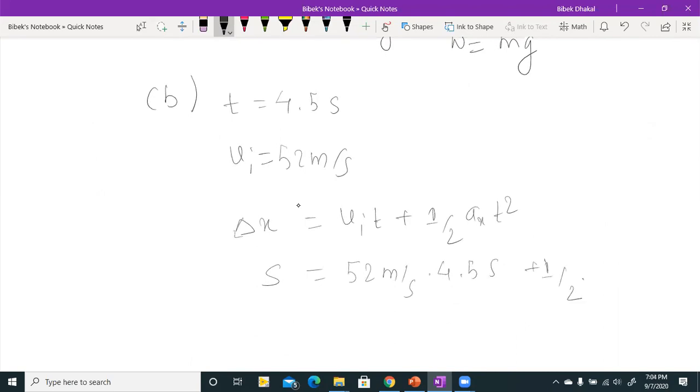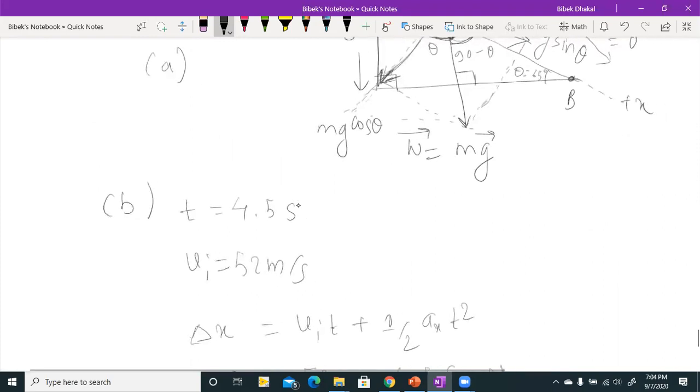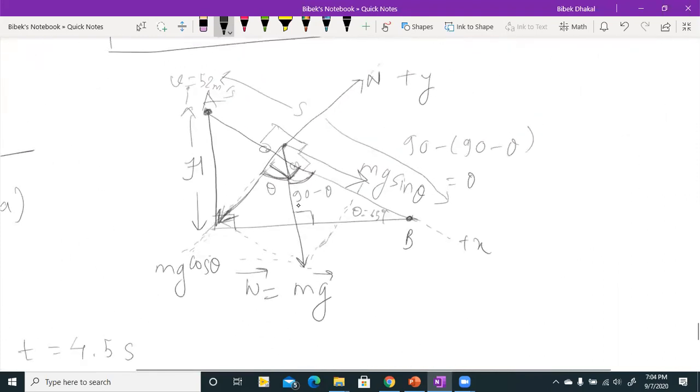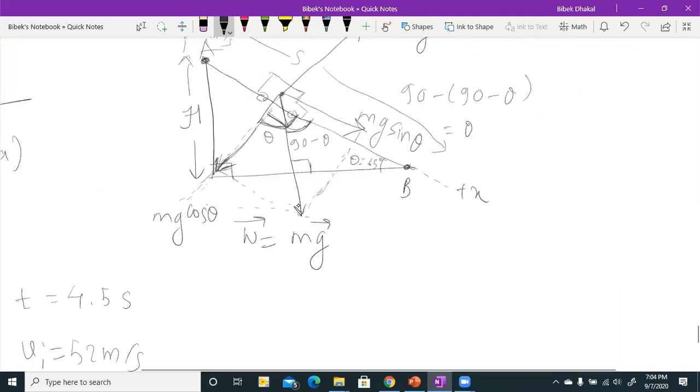And what's the acceleration? The most important part is finding the acceleration. Since your car is traveling down the inclined plane, and no other force except the weight is acting on the car, mg sine theta is the force with which gravity is dragging the car down.